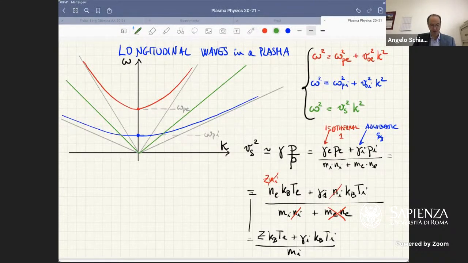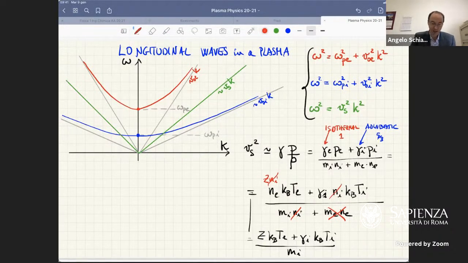The progressive and the regressive part. So we have that this goes as v speed times k. The asymptote here goes as v0 ion times k, and the asymptote here goes as v0e times k.